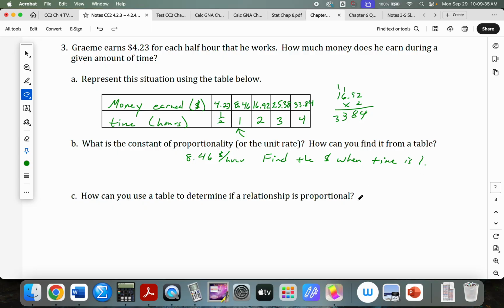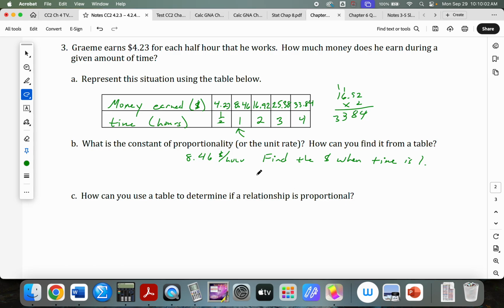And then from the table, how can we tell that this is a proportional relationship? Yes? It goes through the origin, but we don't see that on the table, so we can't say that. I guess you could if you worked on it earlier, but 2 is half of 4.